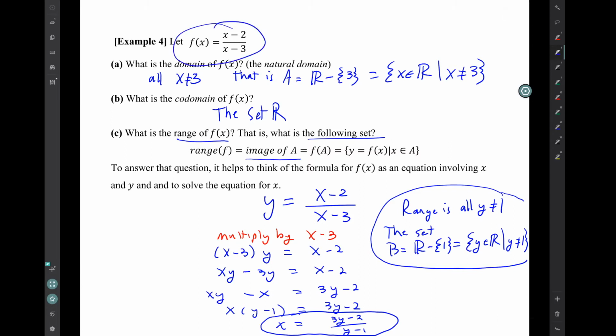So a lot of times figuring out what the actual range of a function is can be kind of tricky. Whereas figuring out what sorts of numbers come out is often very simple. You look at this formula for f of x, and you can see, well, I'm not sure exactly what numbers are going to come out, but what's going to come out is some kind of number.